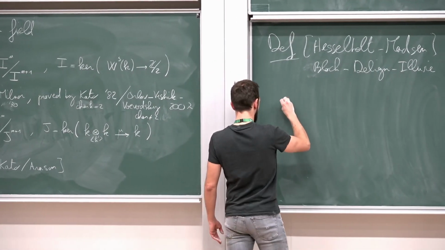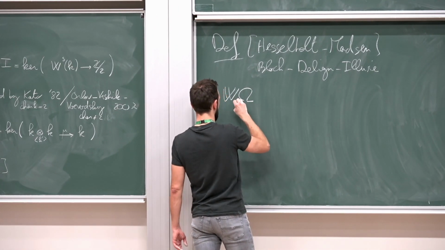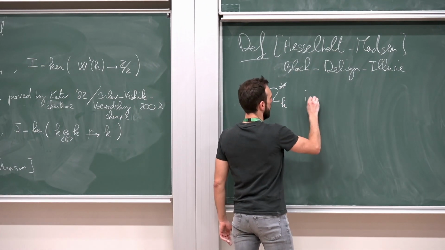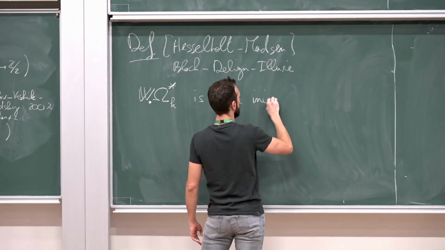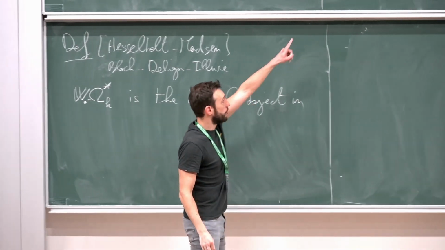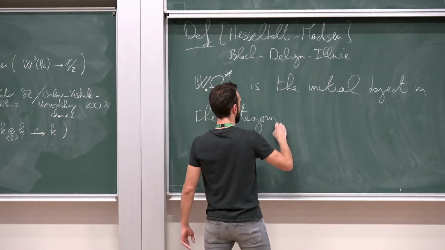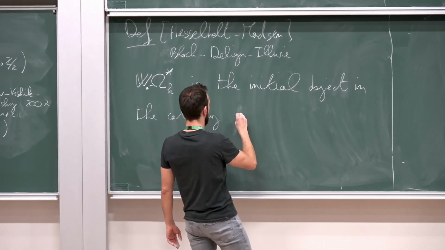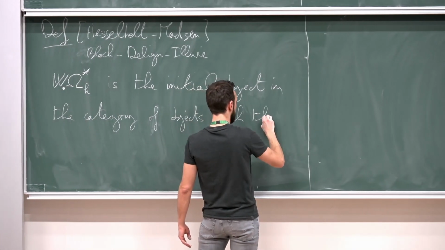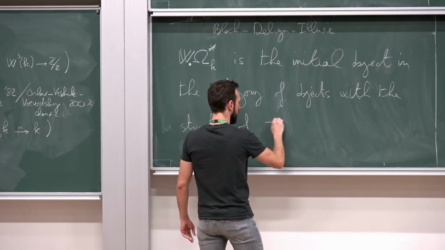One can define the de Rham-Witt complex because it's a pro-differential graded object and is the initial object in the category of objects with the structure of this TR.